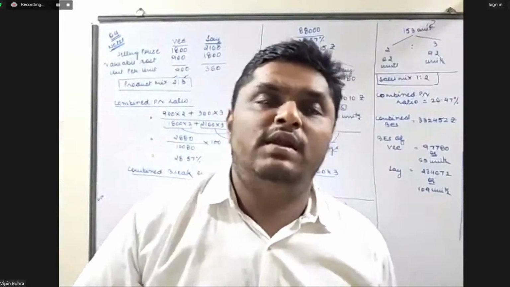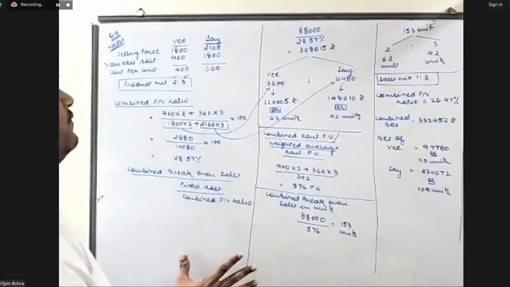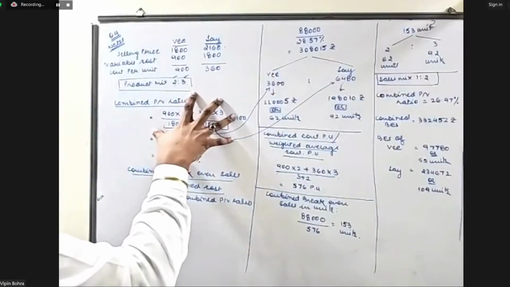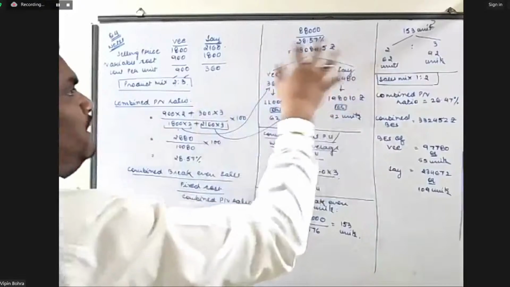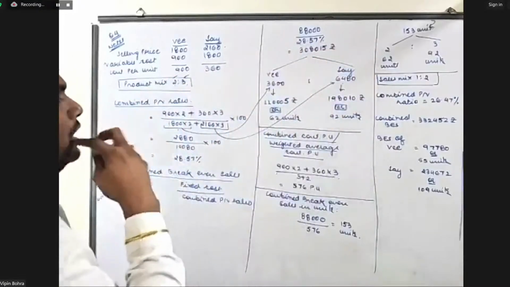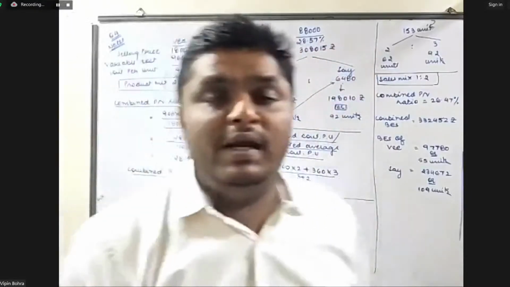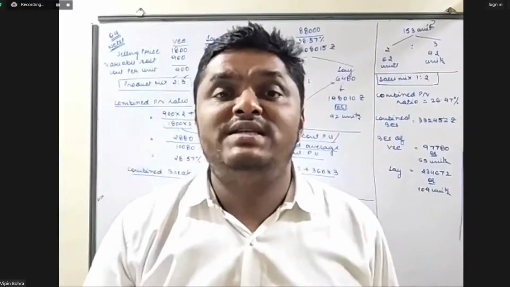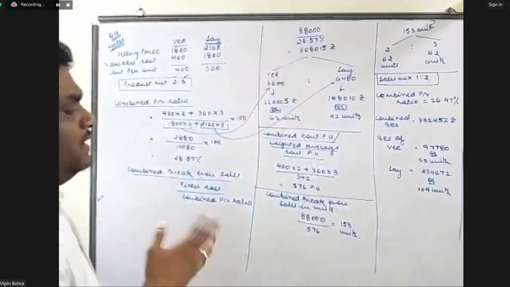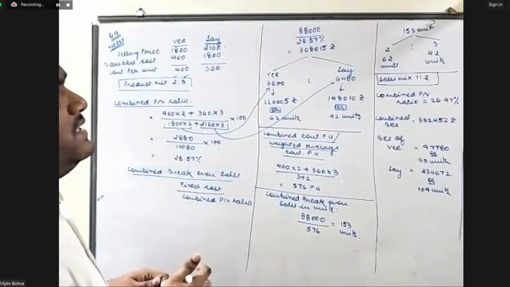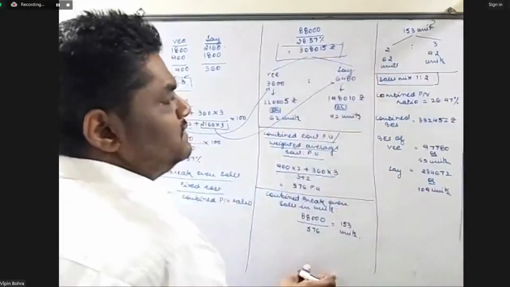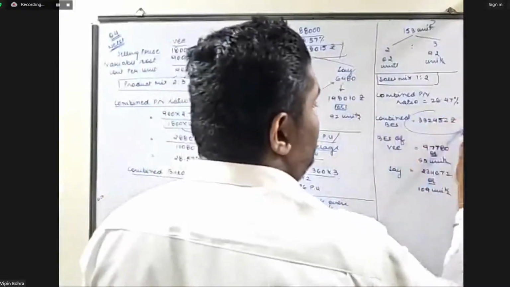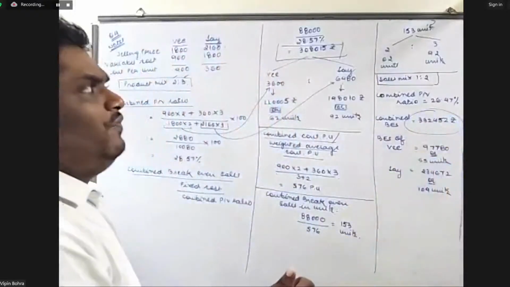Whenever the examiner asks a sales mix based question, the first thing you have to calculate is the combined PV ratio. Then the next one is the combined break-even sales. You can individually calculate the break-even sales of both the products in rupees and in units. When talking about which sales mix is better, here my combined break-even sales is 308015, whereas in this case the combined break-even sales is 332452.